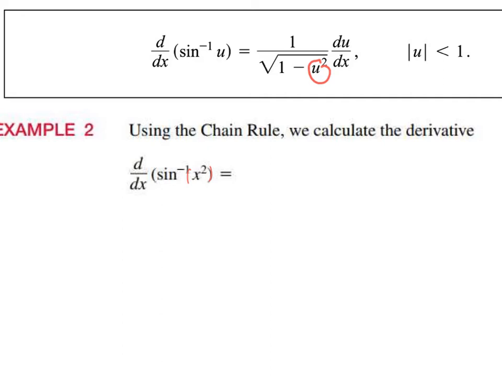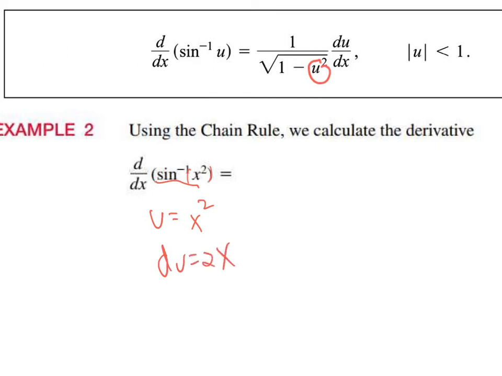Yeah, that's true, you can. If I just memorize and follow the answer here, the derivative of arcsine of x squared: identify u. U is x squared, and du must be 2x.